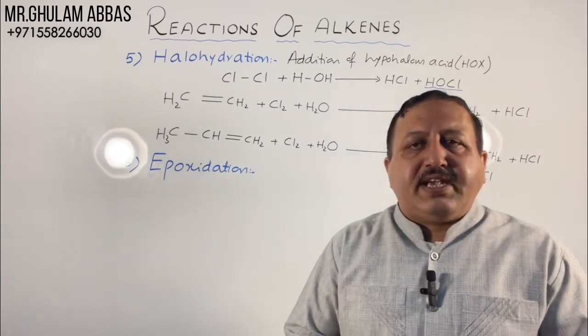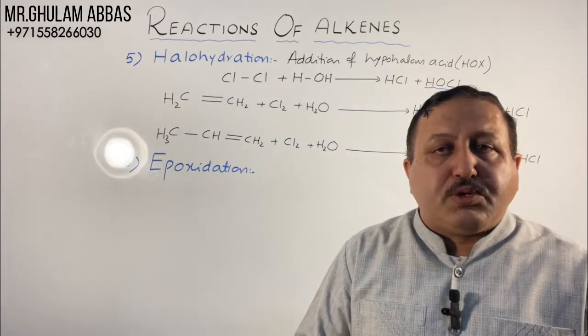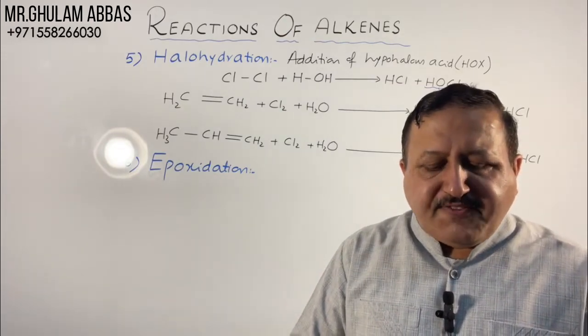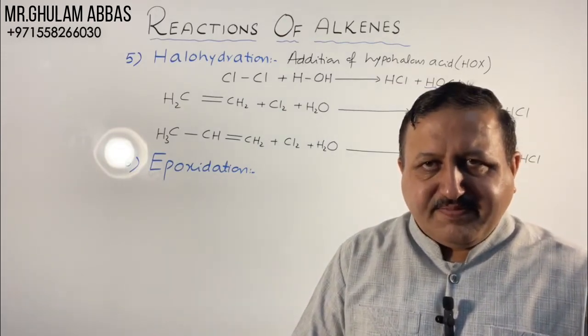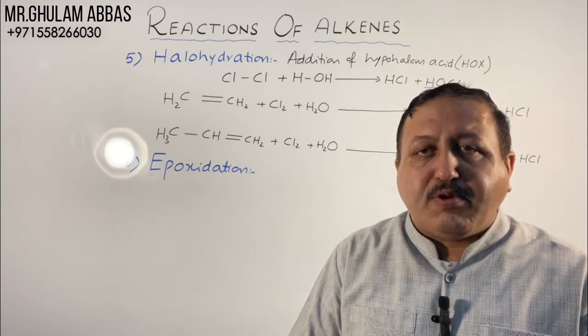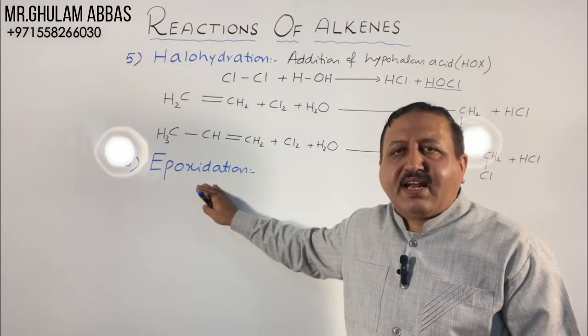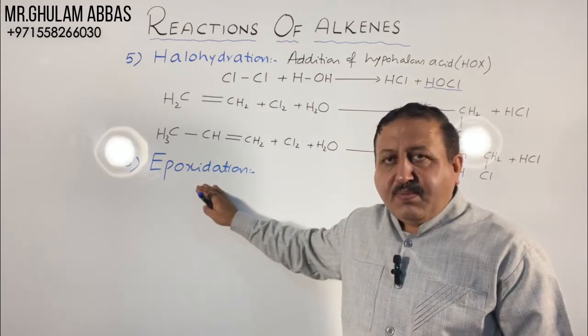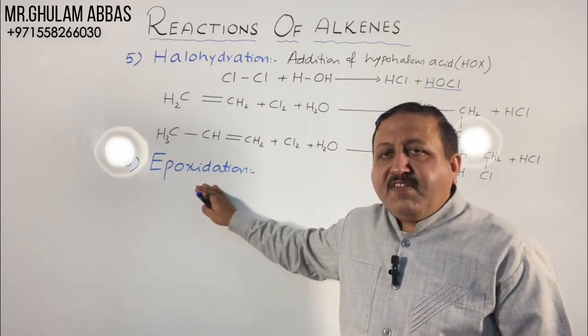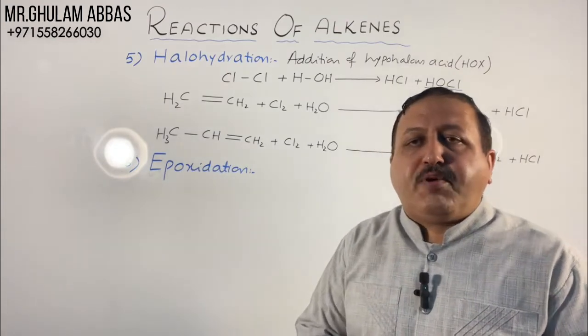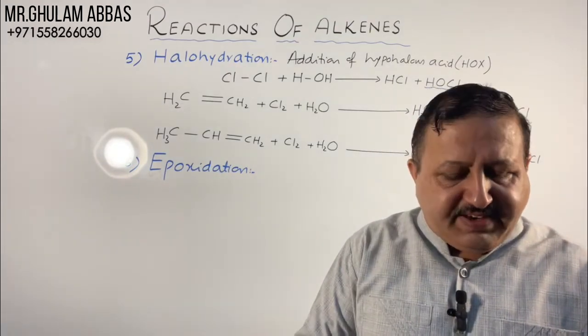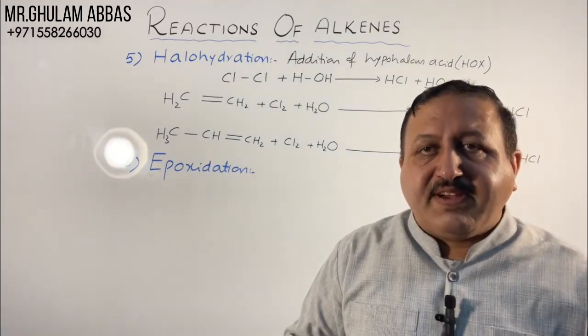If an oxygen atom is present between the two carbons in the form of a triangle, then it is called epoxide. Formation of epoxide is called epoxidation. But the question is, which reagent is used for epoxidation? I will explain this reaction by giving two examples.